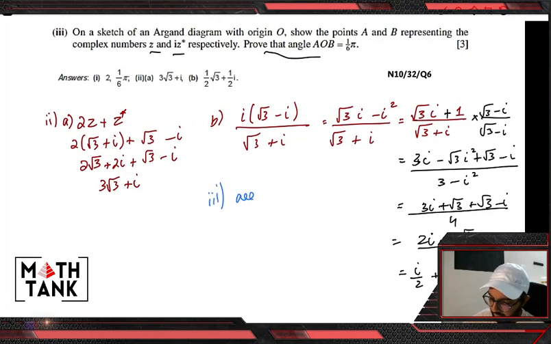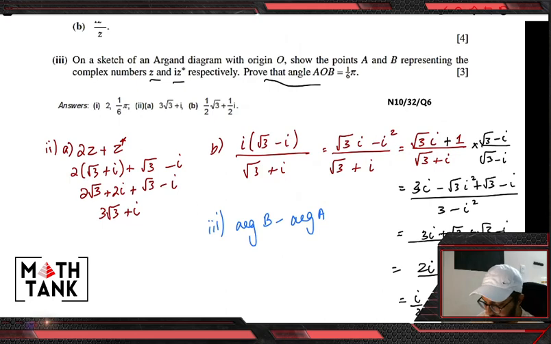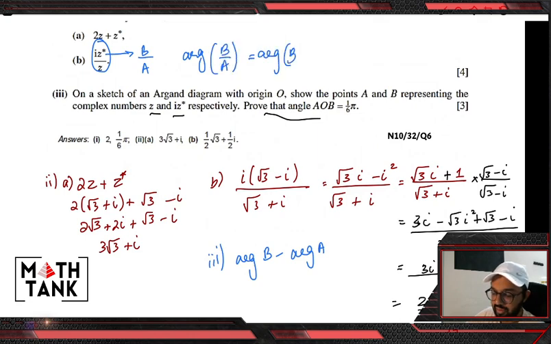So argument of B minus argument of A. Now if you notice, that is something that I have already done. The numerator is basically the complex number representing B and the denominator is basically the complex number representing A. So if you remember your rules of arguments of a complex number like that, it is simply argument of B minus argument of A.